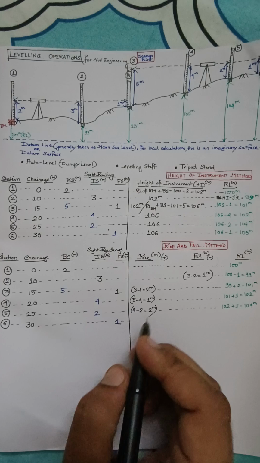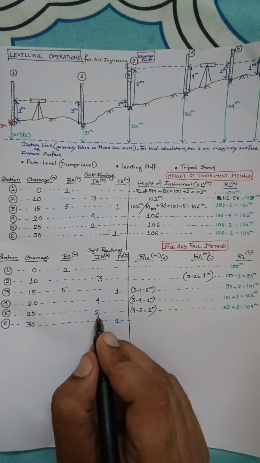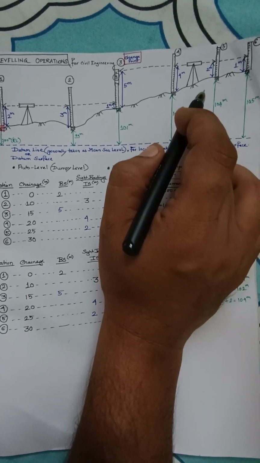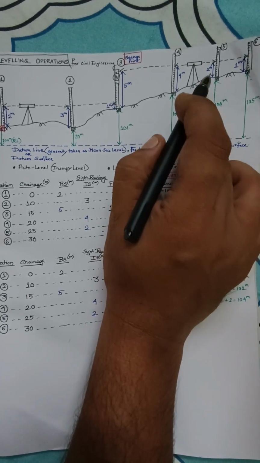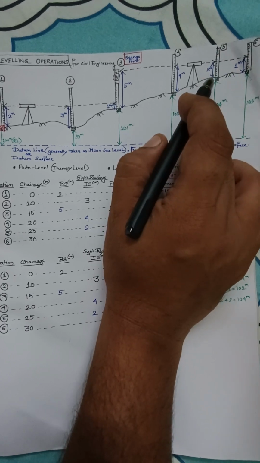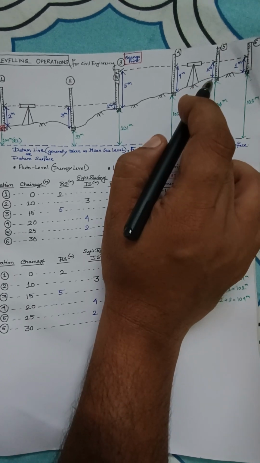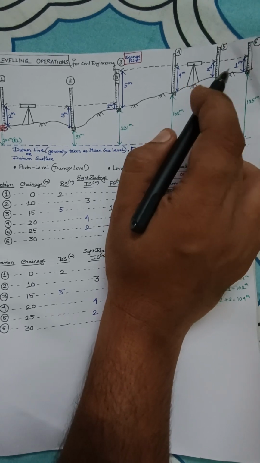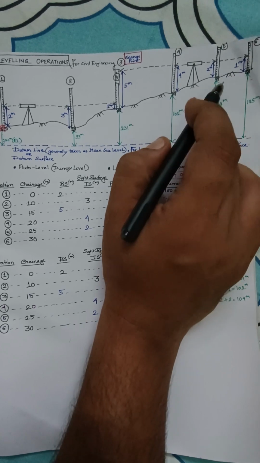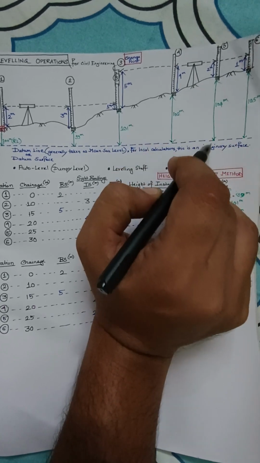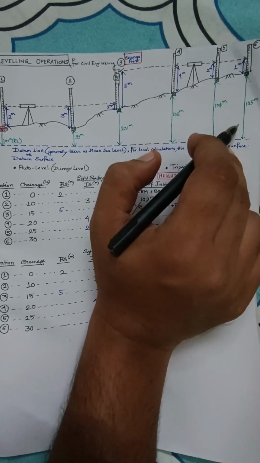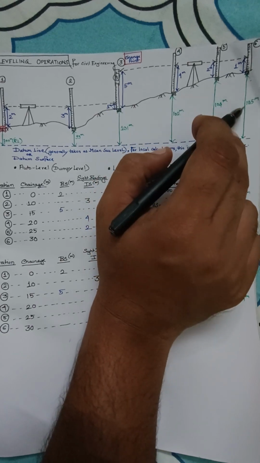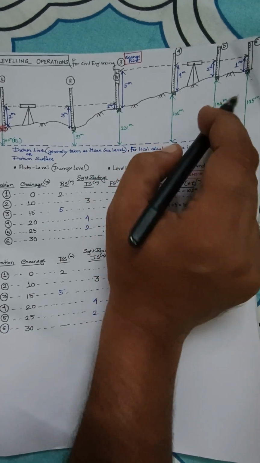And the last one is from 5 to 6. As you can see on the diagram itself, from 5 to 6 the reading is getting shorter, which means the ground is again rising. How much was the difference over here? 1 meter. So the ground has risen by 1 meter, which means the RL of the previous station plus the difference will be the RL of this place. 104 plus 1 is 105.